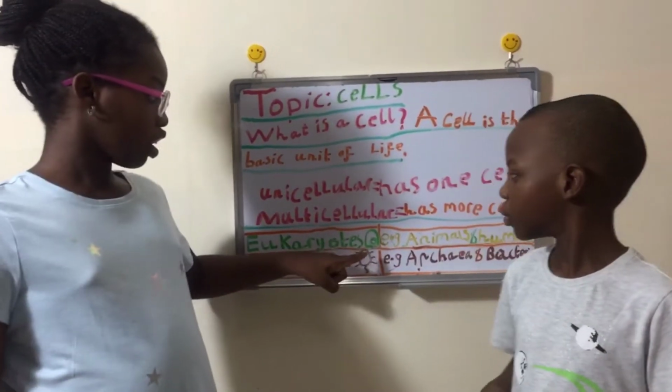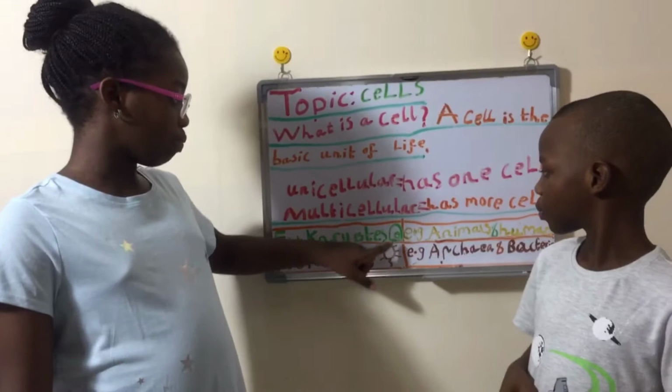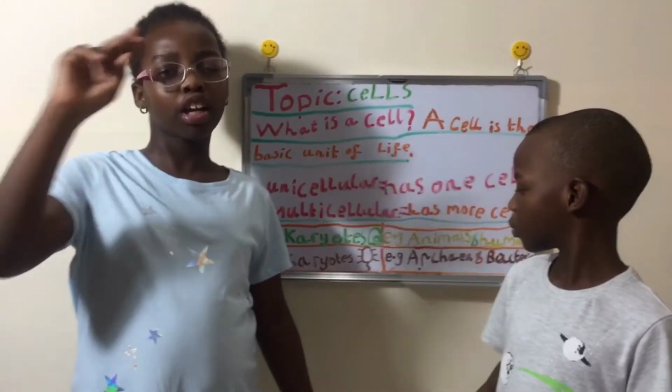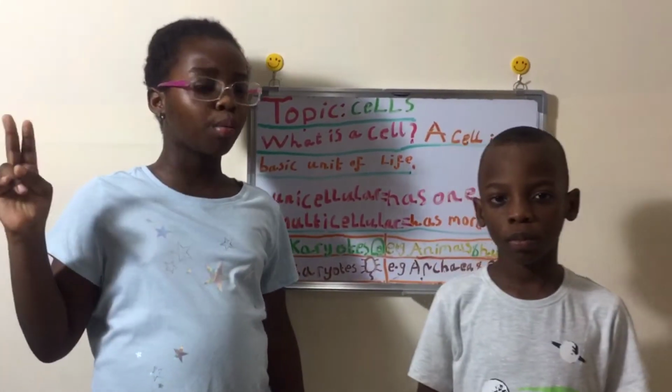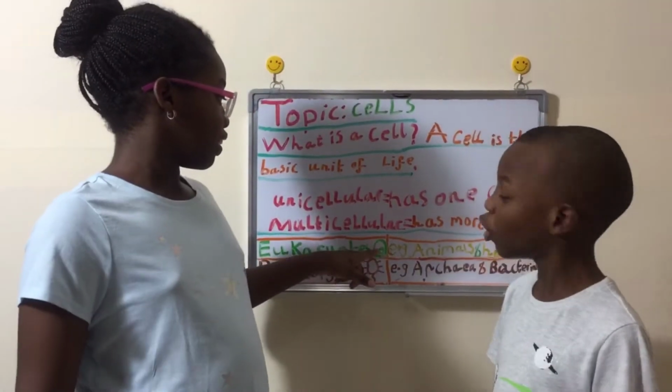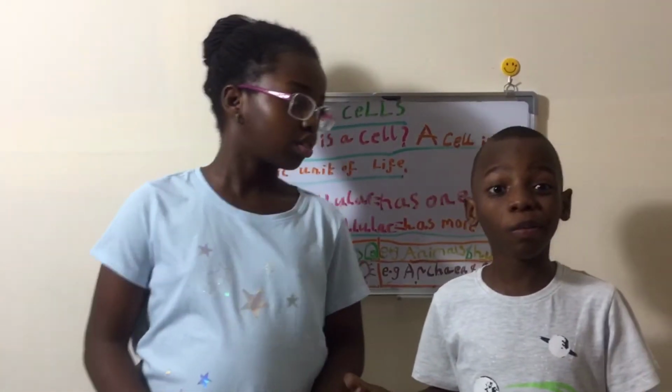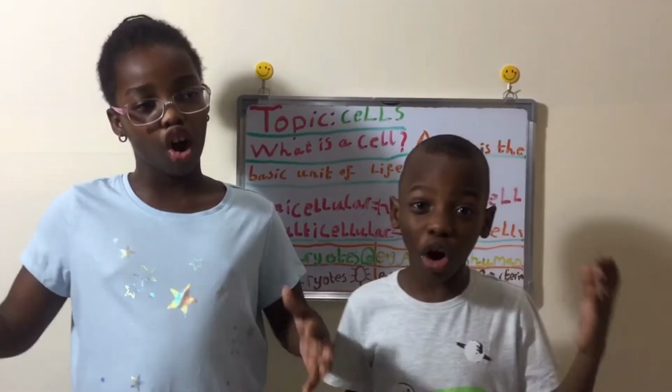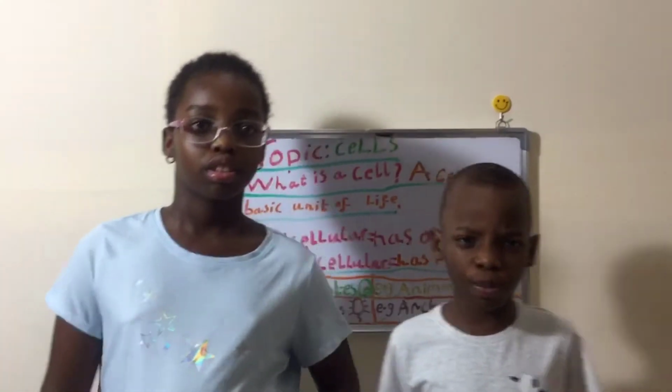So also, both of these have another thing that they do not have in common. Eukaryotes have membrane-bound organelles, but prokaryotes do not.